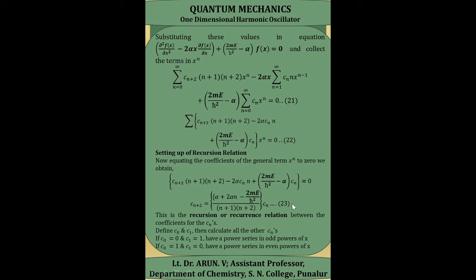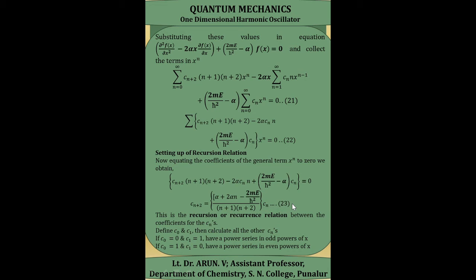The next step in this derivation is to set up the recursion relationship. Now equating the coefficients of the general term x raised to n to 0, we get a recursion relation, which is common in mathematics. That is, the recursion relation for this one-dimensional harmonic oscillator is c_(n+2)(n plus 1)(n plus 2) minus 2αn c_n plus (2mE/ħ² minus α) c_n equals 0.